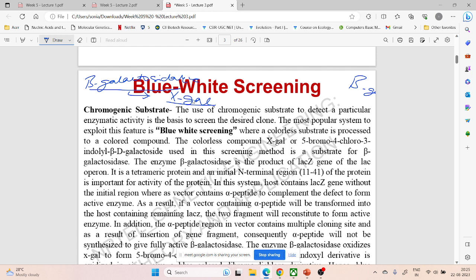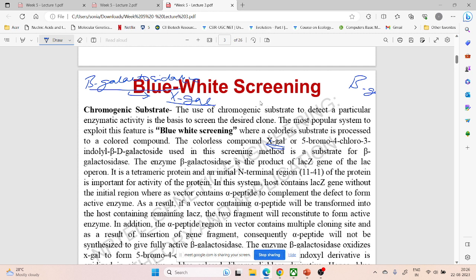This is a synthetic substrate that is used in blue white screening. X-gal is a colorless substrate, and when beta galactosidase acts on X-gal, it produces a colored product, and that colored product is blue in color. So when a functional lacZ gene is present, beta galactosidase will act on X-gal, and this will produce a product which is blue in color.